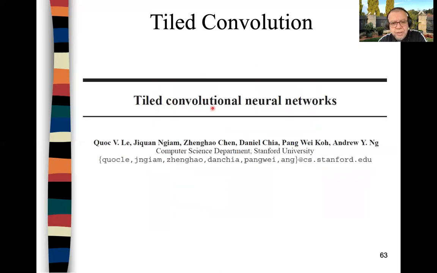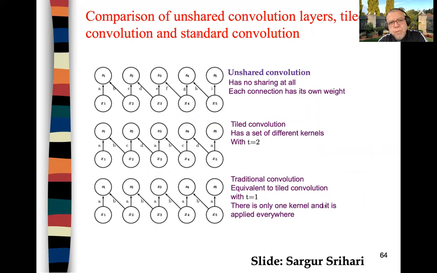You can look at this reference for the tiled convolutions if you want to find out more. But when you compare the unshared convolution, the tiled convolution and the standard convolution, as you can see here, for the traditional convolution there is only one kernel and it is applied everywhere. This is your kernel, with weights A and B. You apply it to get this output, which you can call a hidden node.